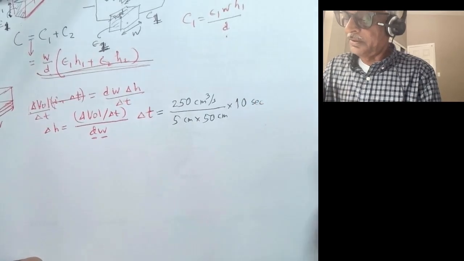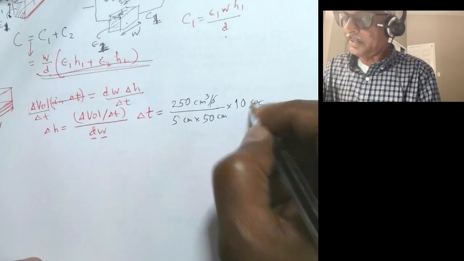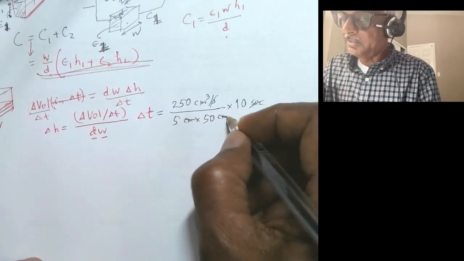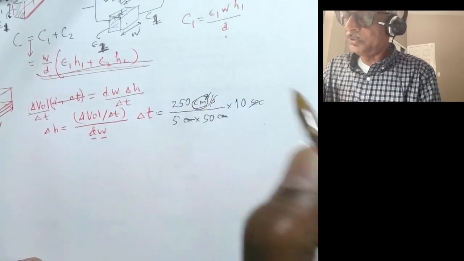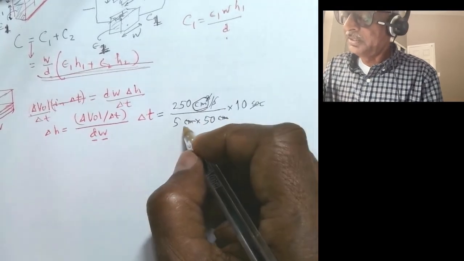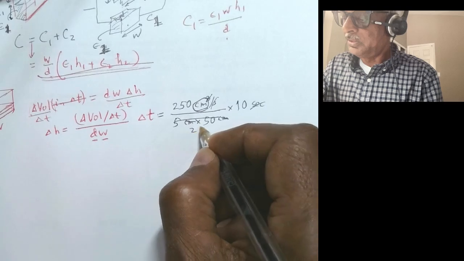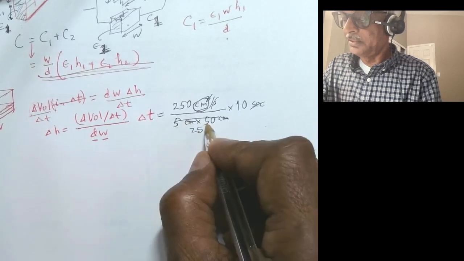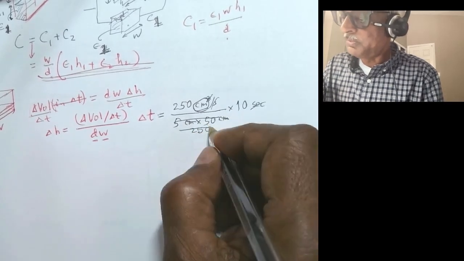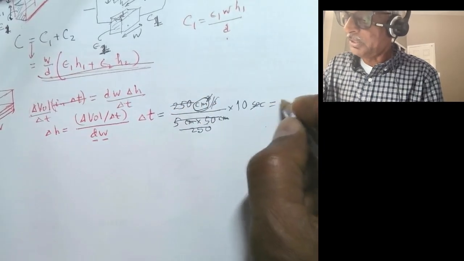So the seconds cancel out and all of this cancels out, giving just centimeters, which we want. This 250 cancels 250, so it's going to be 10 centimeter.